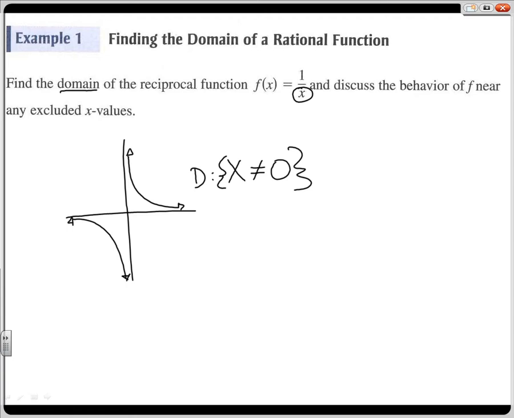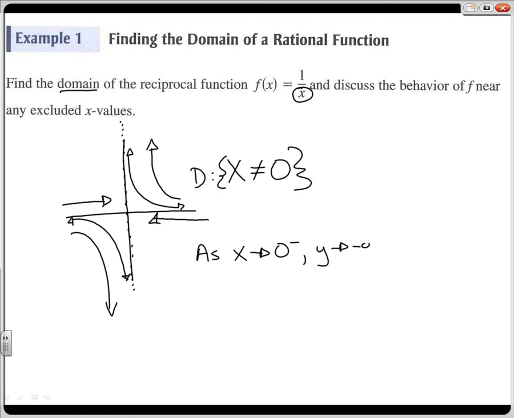All right, and now it says let's talk about the behavior of f as we get close to 0. So as we get close here to 0, what's happening? Well, two things are happening. One thing is happening as we come this direction from the left-hand side: our graph is going down. But as we come in from the other side, our graph is going up. So how we're going to say this is, as x approaches 0 from the negative side, y approaches negative infinity.